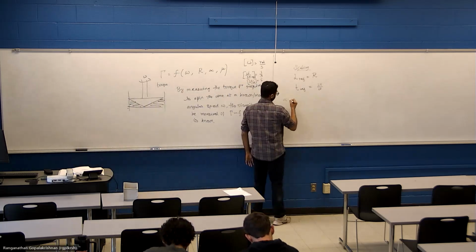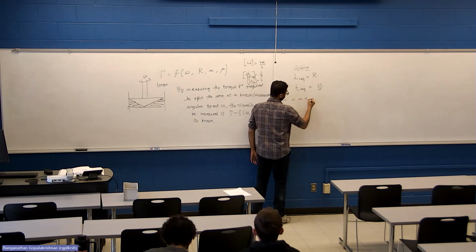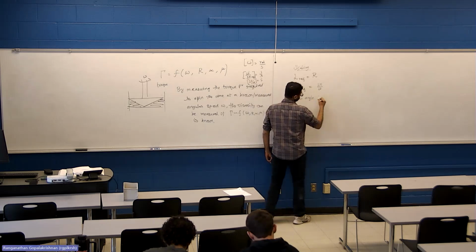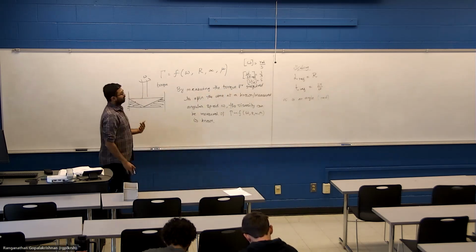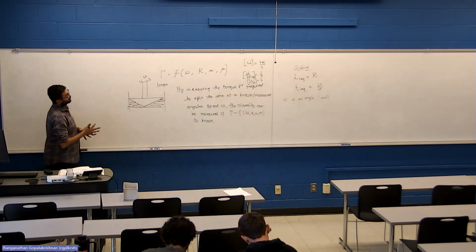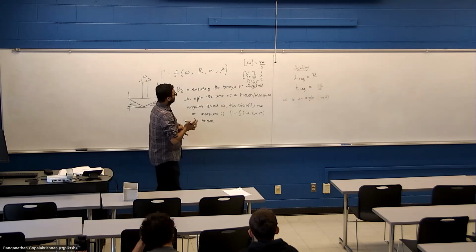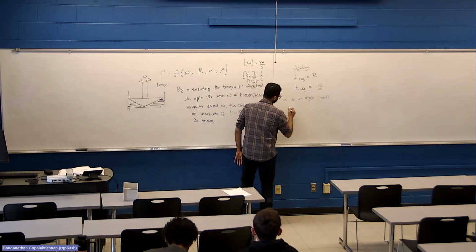Alpha is an angle which may be measured in radians. So we'll just leave that as it is. We don't have to non-dimensionalize it. Okay. And what's the unit for viscosity?